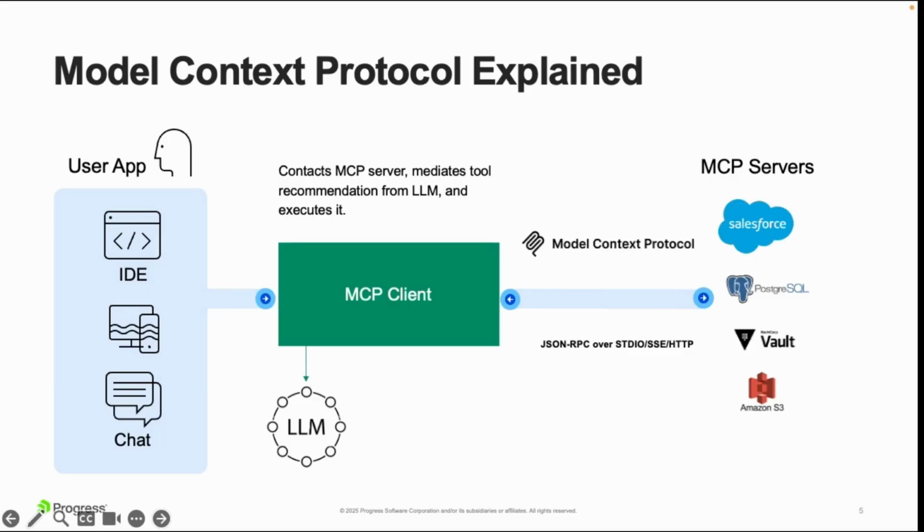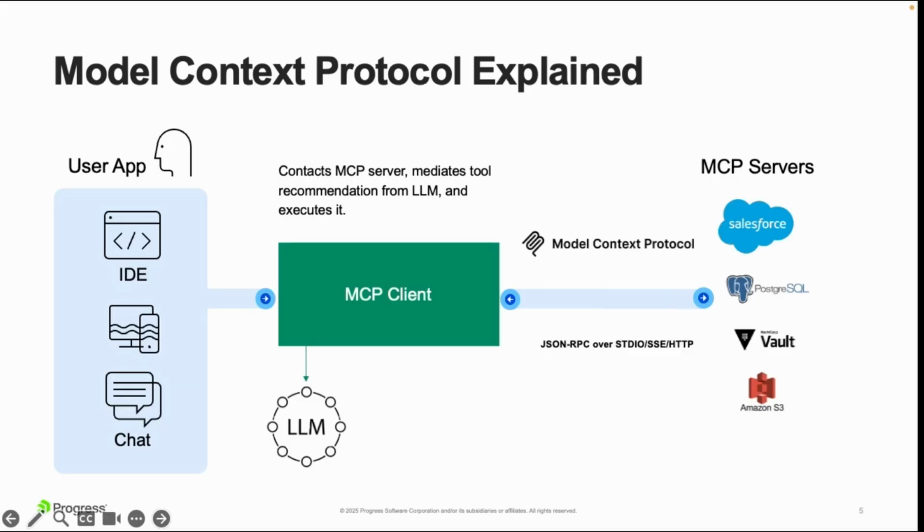The protocol or the architecture is pretty simple and similar if you know client-server architecture. You have a server. On the server, you can expose your Postgres database, Amazon database, or Salesforce. It could be anything. If you expose them as MCP servers, then we have an MCP client, and they can both communicate using the same protocol. They use the JSON-RPC protocol, and they provide different kinds of transports: STDIO, HTTP, and SSE, which is deprecated.